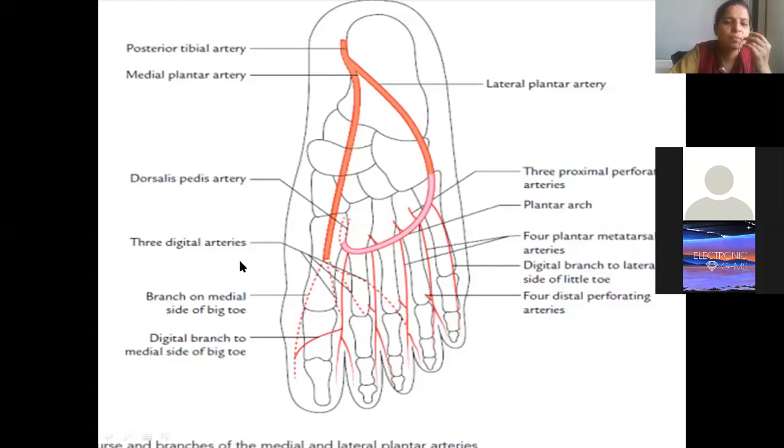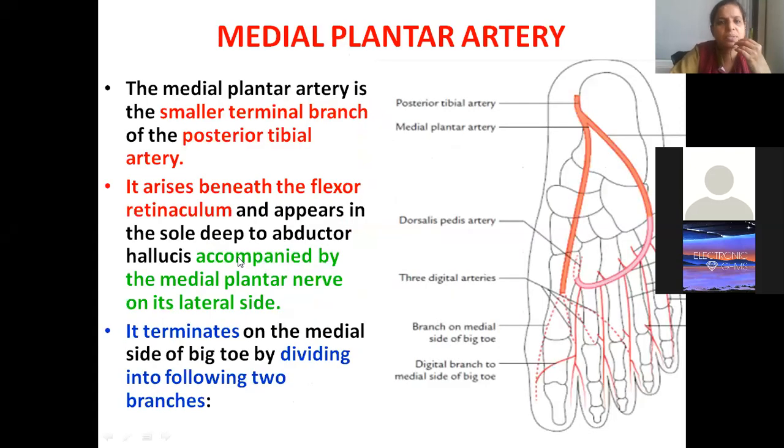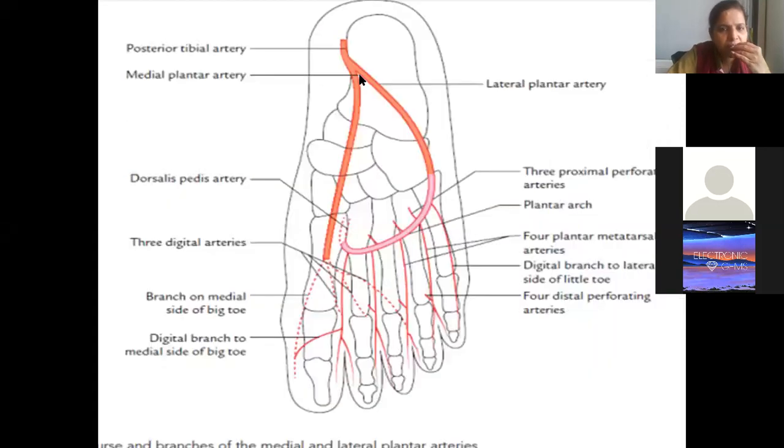Okay. Now we will see better pictures. Now see here. This is medial plantar artery. What are the branches you are finding? One branch of this artery is going continuously and it is supplying the medial side of the big toe. Okay, this is like common digital. Then we have three, like 1, 2, and 3.